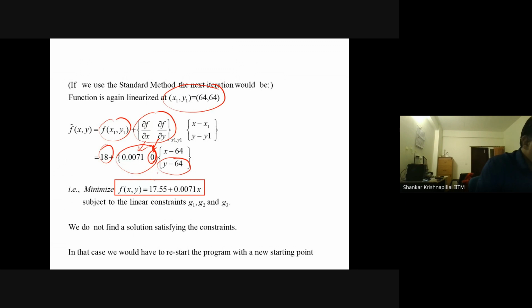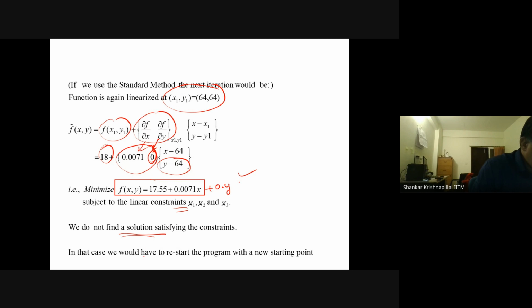So minimize this objective function. Actually, it has only x. Okay. So you can write plus 0 into y, subject to the already linear constraints G1, G2, and G3. So when we solve this, we don't find a solution which satisfies the constraints.